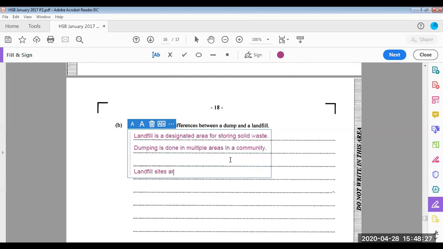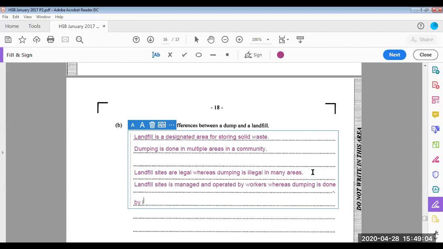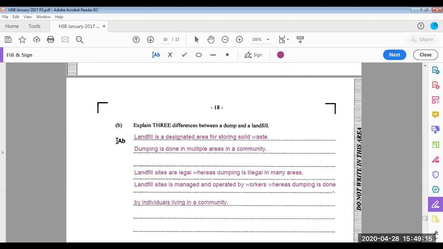Landfill sites are legal, whereas... Right, so this is the 1, 2, and 3 differences.